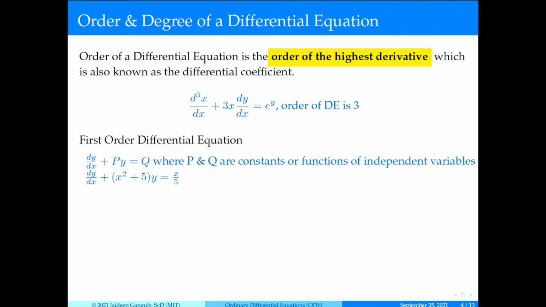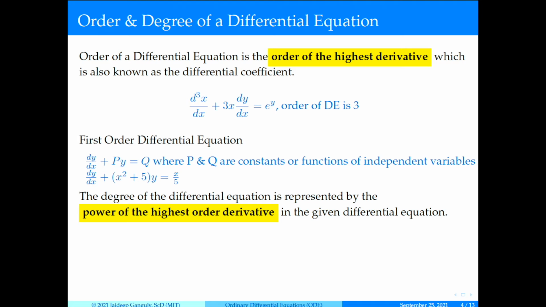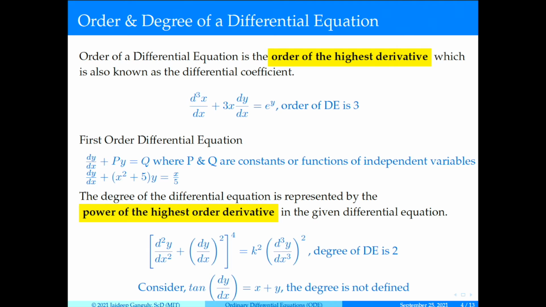A first-order differential equation is represented in terms of the functions p of x and q of x. The degree of a differential equation is represented by the power of the highest order derivative in the differential equation. Note that in the last equation, the degree is not defined.